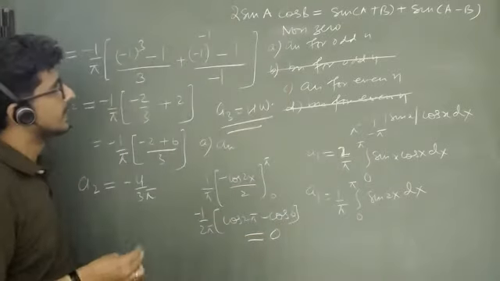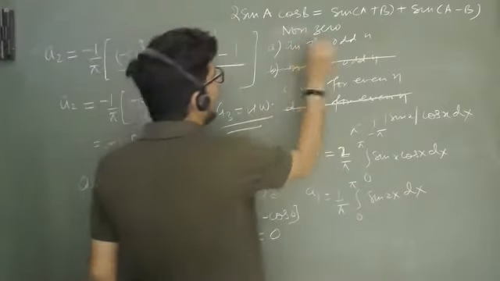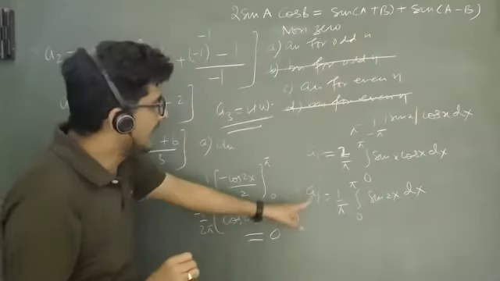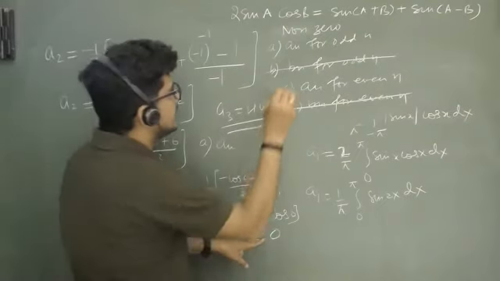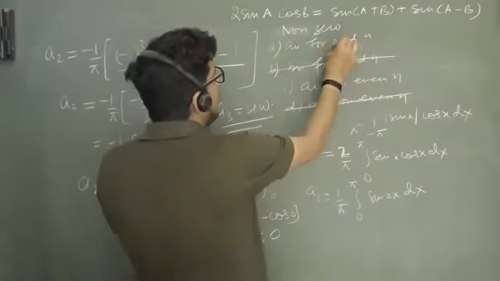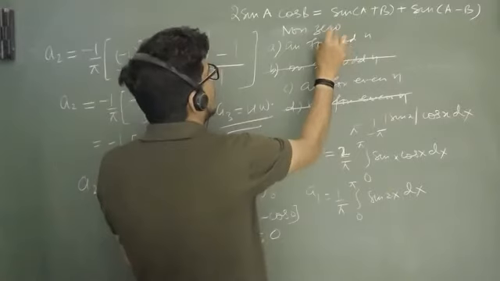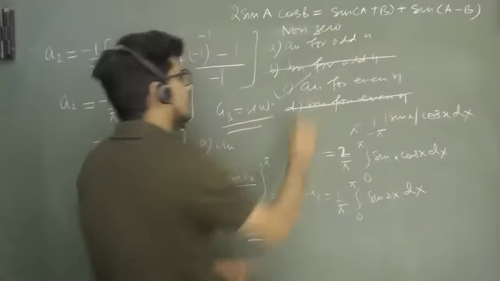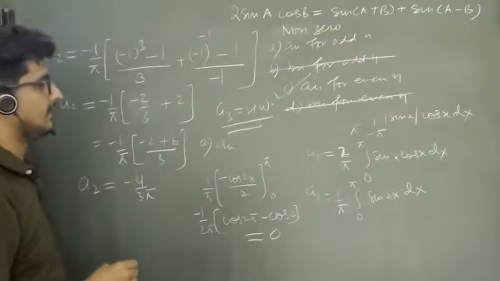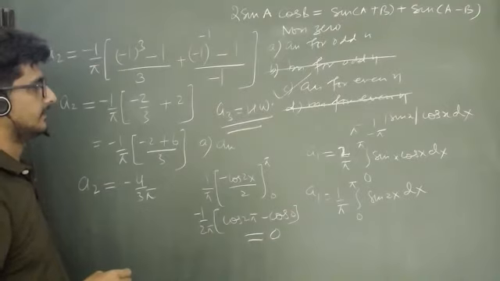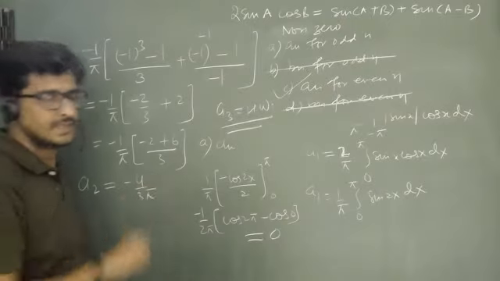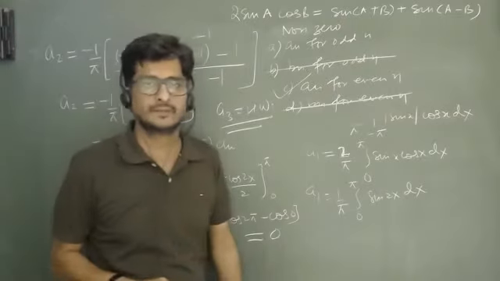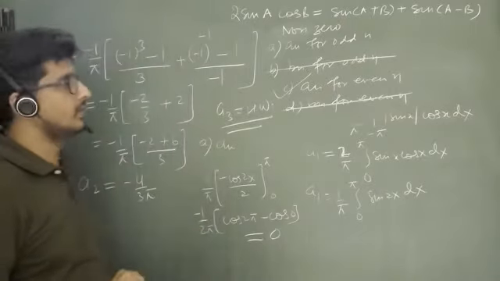Now what is happening to an? Now look carefully, a1 has gone to 0, right? That means an for odd will be 0. So what is the correct answer? An for even will survive. Please see if you have understood this question, and if there is any doubt, you can ask.